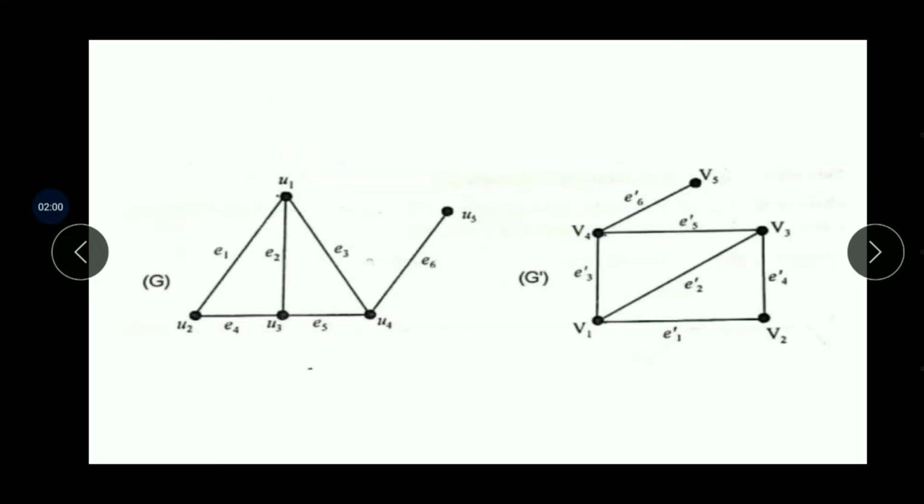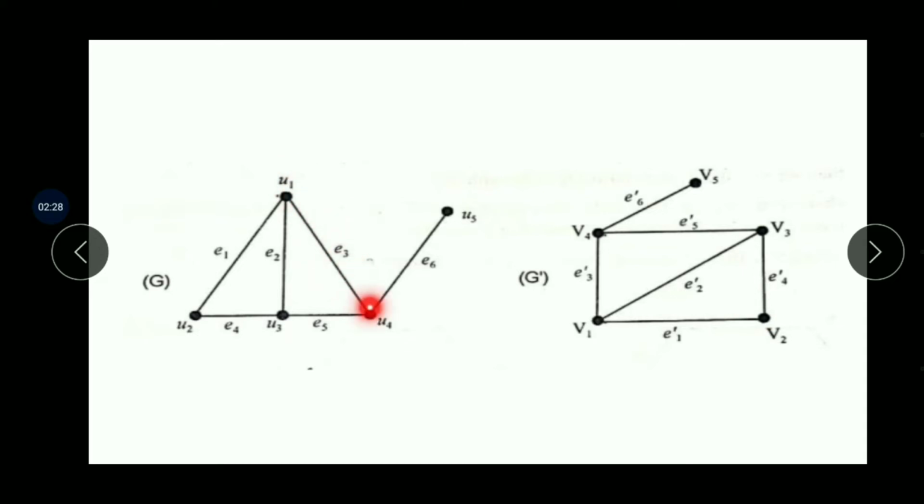Let's see another example. Here you can see the degree of V1 is 3. V1 is being mapped to U1, and U1's degree is also 3. Then we have E1 and E1 dash. Then U2 has degree 2, and V2 also has degree 2.